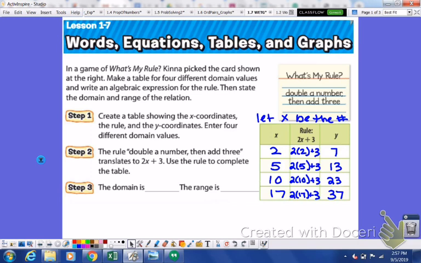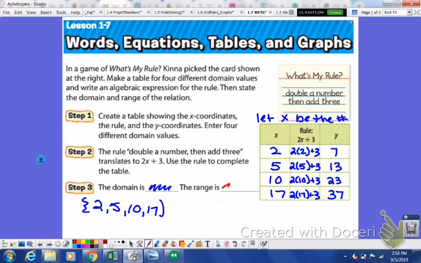Then we use the rule in order to substitute and complete our chart so that we can find our domain, which in this case, because we picked those x values, the domain in our brackets again would be 2, 5, 10, and 17. So domain, I'm going to put a blue squiggle there so you can follow it.